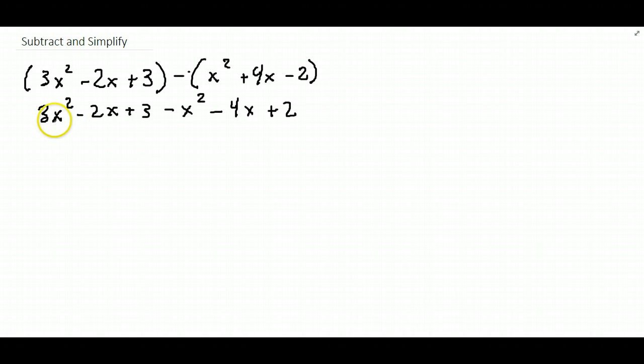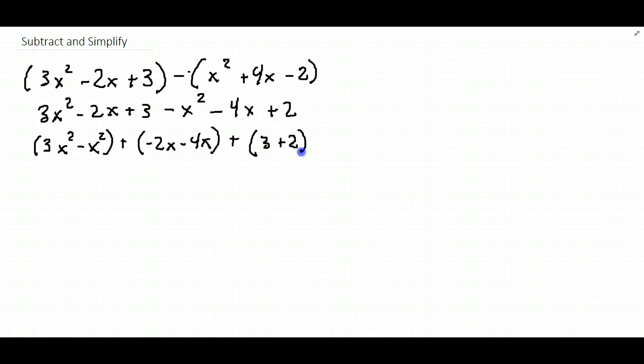So we have 3x squared and a minus x squared. So I'm going to rewrite that as open paren 3x squared minus x squared close paren. And now we're going to look at our next level down, which are our x's. So then we get plus open paren minus 2x minus 4x, close paren. And then we have a plus 3 and a plus 2. So we get plus open paren 3 plus 2, close paren.